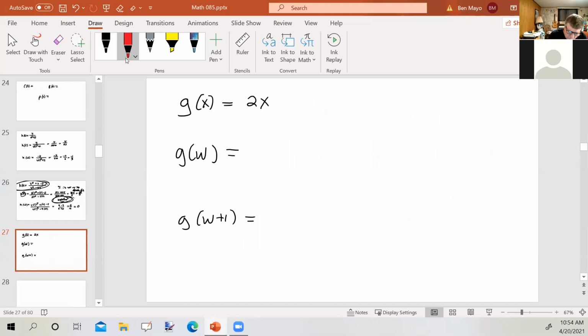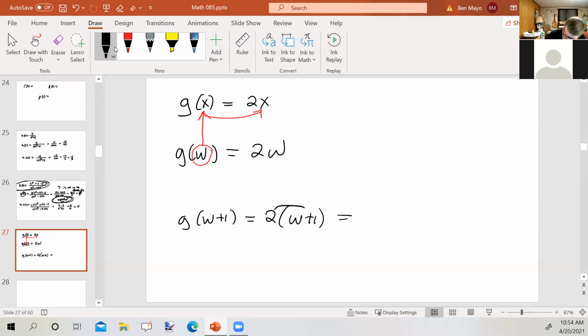Keep in mind, whatever is on the inside here goes on the inside there, and also everywhere to the right that has that same variable x in this case. So g of w would just be 2w. Okay. G of w plus 1, we're going to replace x with w plus 1. So this would be 2 times w plus 1. And in this case, we would distribute to get 2w plus 2.